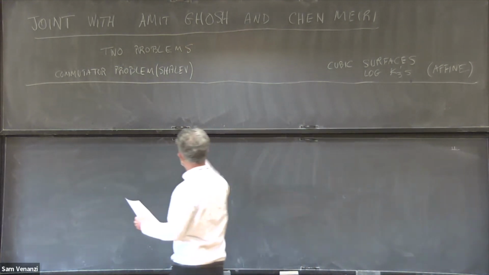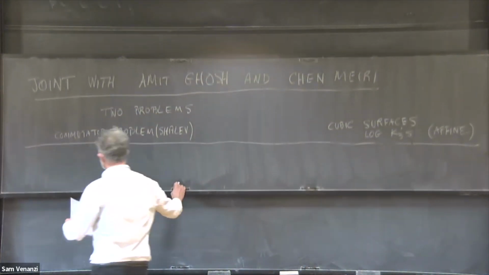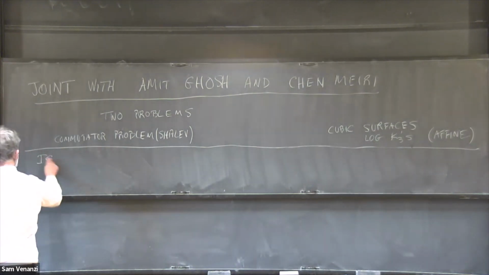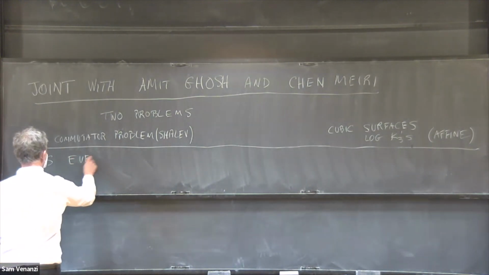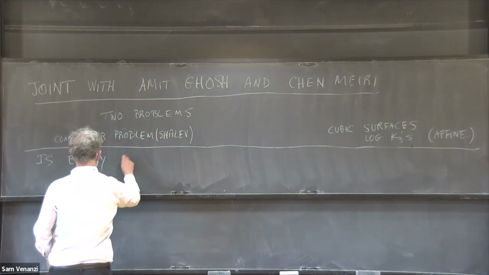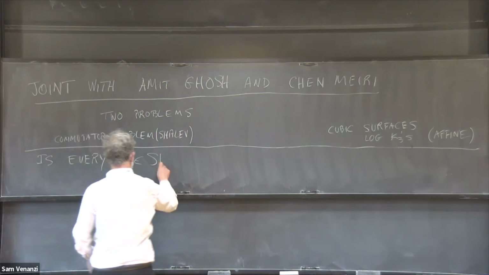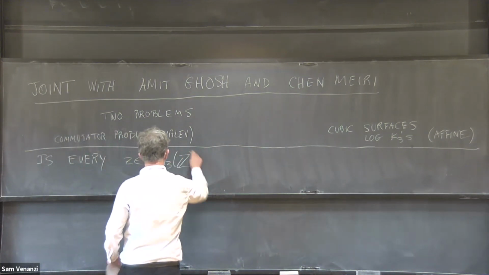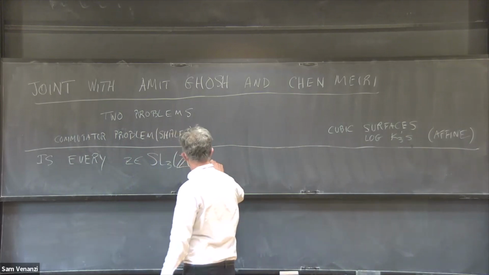So here's Charlotte's problem. Very easy. The question is: is every Z in SL3(Z) a one commutator?